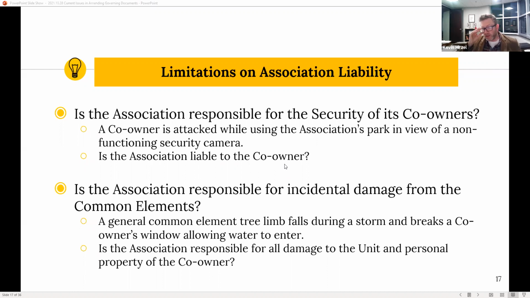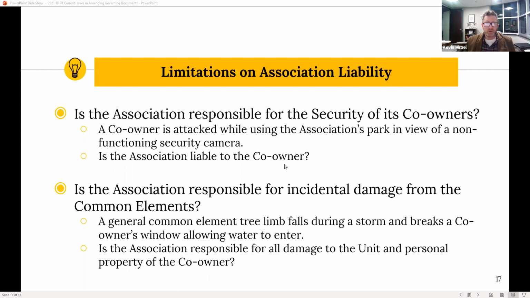The first one comes out of a case that was not here in Michigan, but basically there was a camera in place. The camera was non-functioning, an individual was attacked, and the individual sued the association, alleging that the security camera was non-functioning, and therefore the association had breached the duty to maintain the security of the individual.